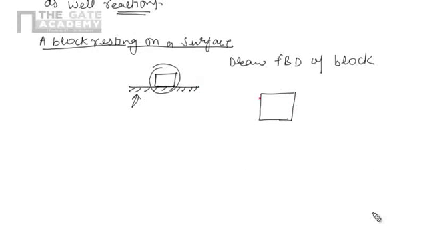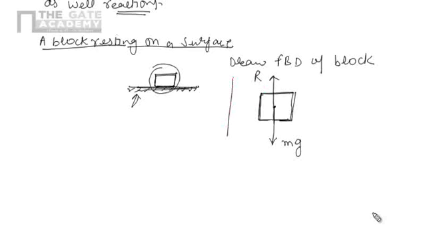Now we have to see what forces are acting on it. So obviously the block has some mass, so the weight of this mass will always act in the vertically downward direction, that is mg, the gravitational force. This block is in contact with the surface, so there will be a reaction acting towards the body from the surface.